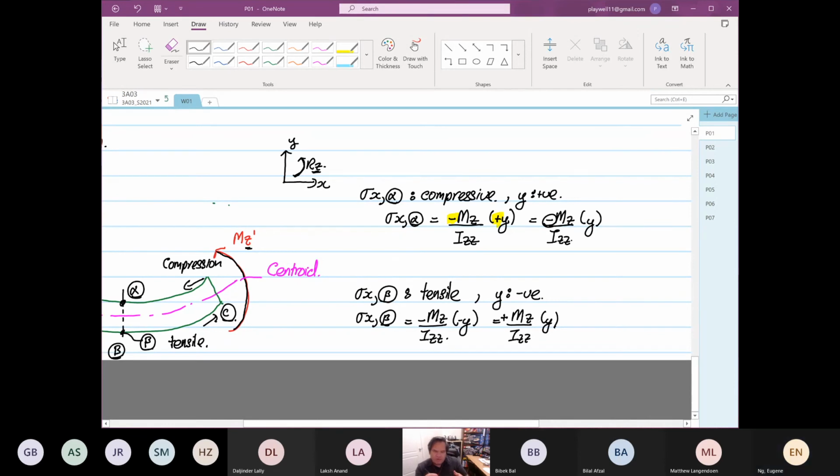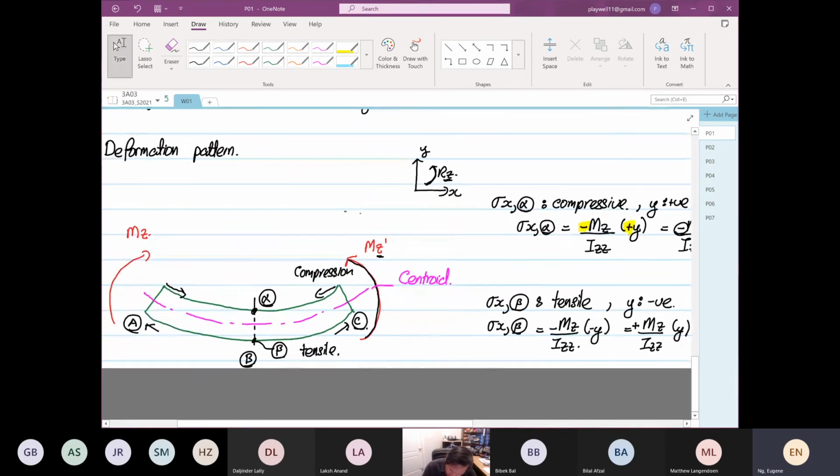So now, when is y positive or when is y negative? If you look over here, I'm going to draw a point. And this point is known as our center of curvature. Okay, that's our center of curvature.